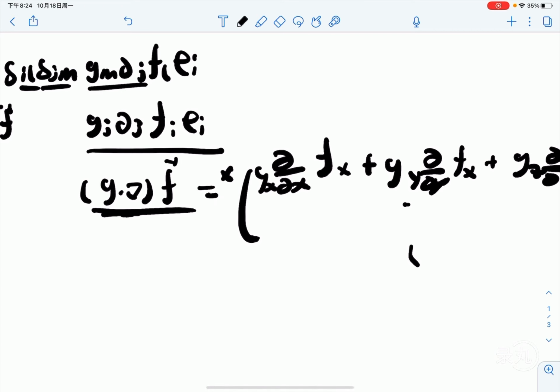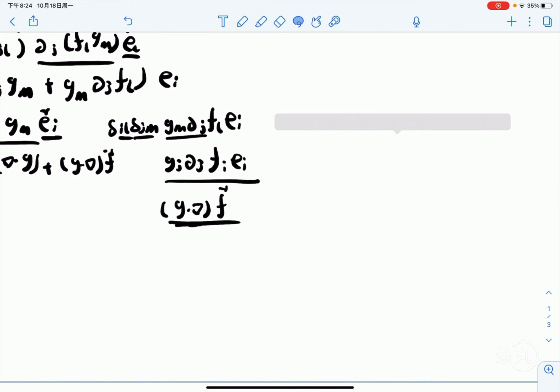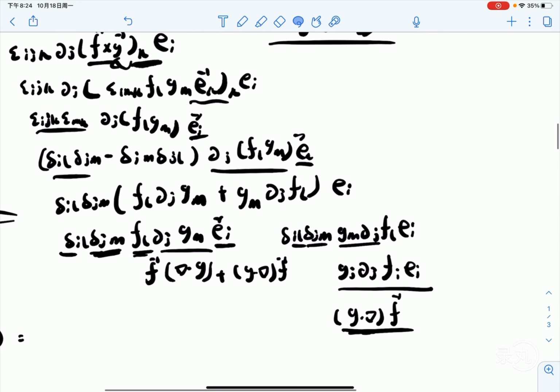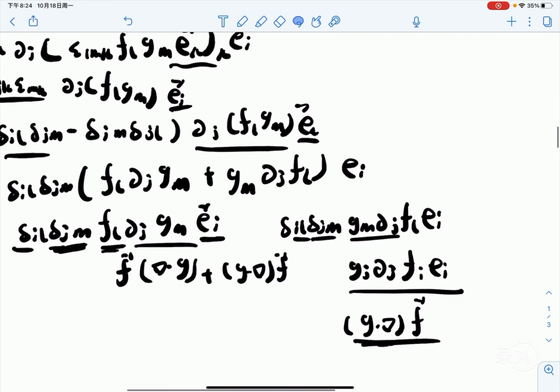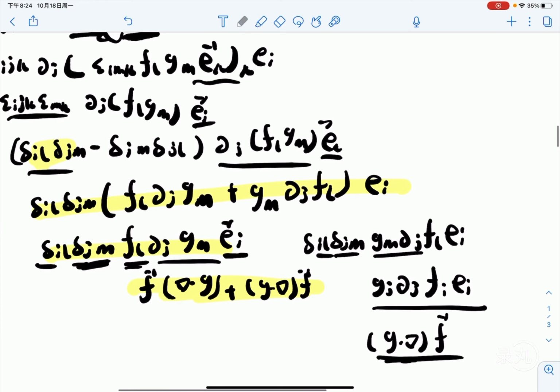They're equal to each other. Okay, moving on. So the first two terms are equal to this, this is the first, and now we're going to take a look at the second one, which is this one.